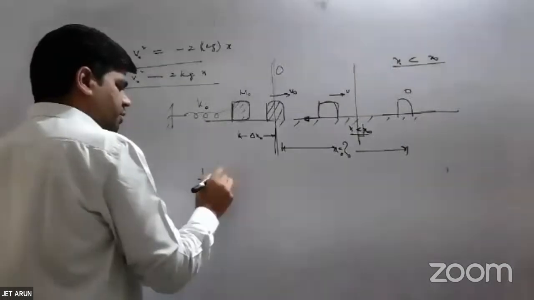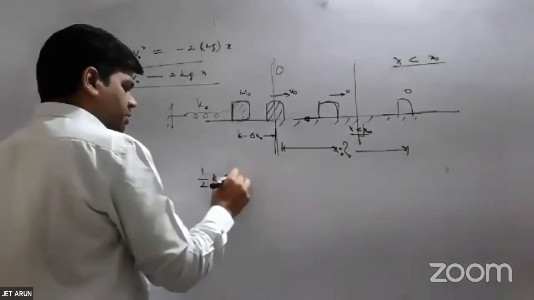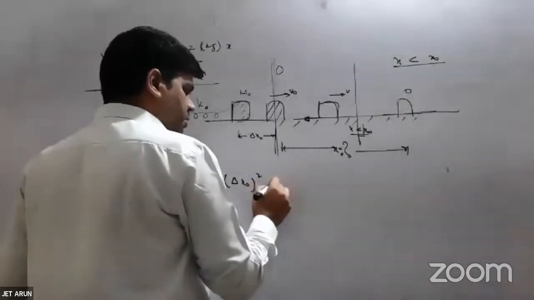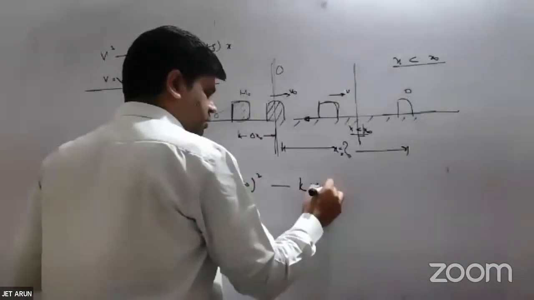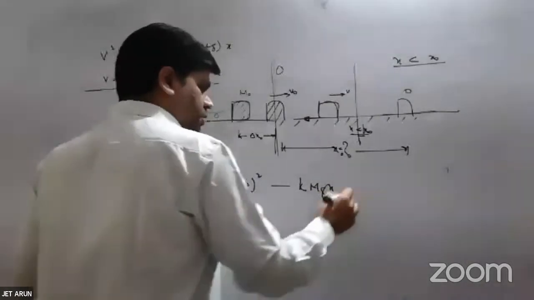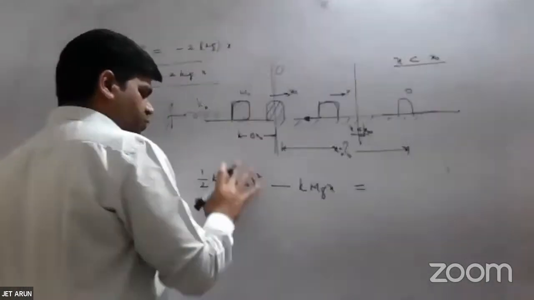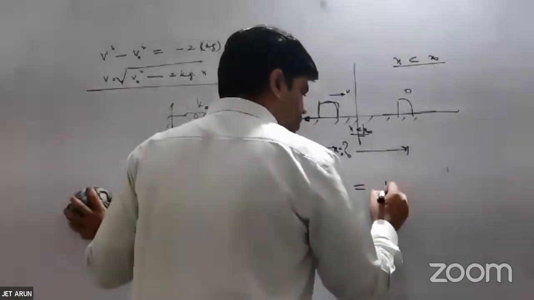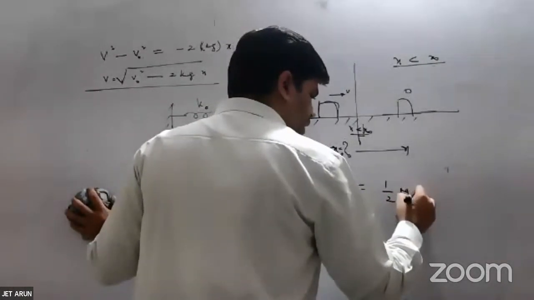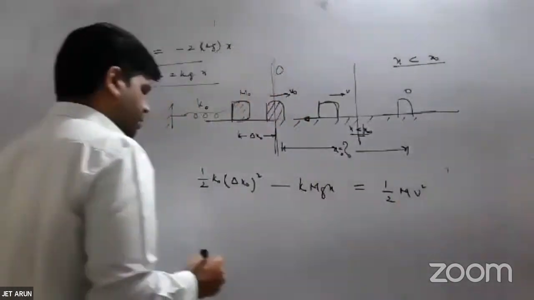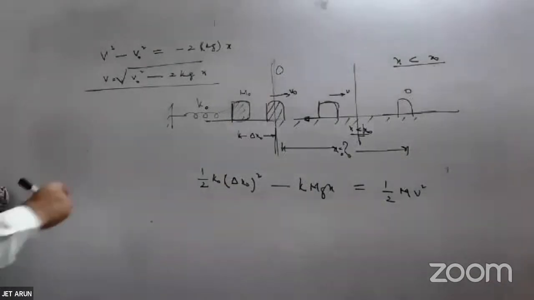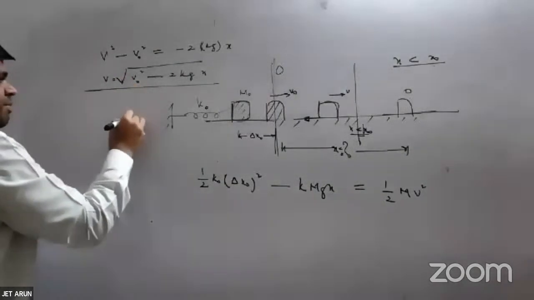Half k delta x naught square minus mu mg x. This is the energy lost. Initial total energy minus energy lost is what energy is remaining now: half m v square. All right. All I have to do is substitute k by m here.